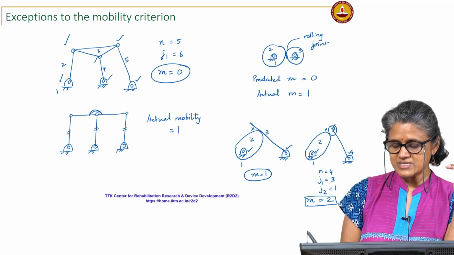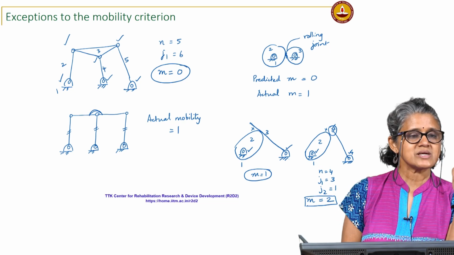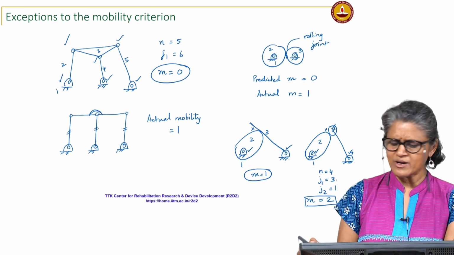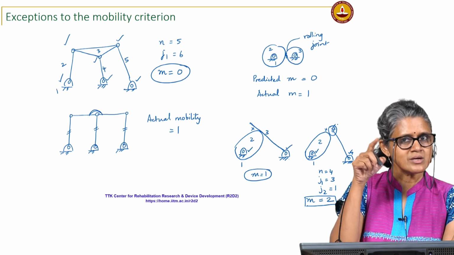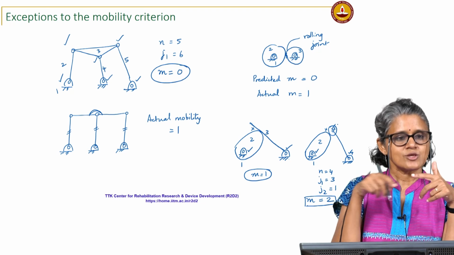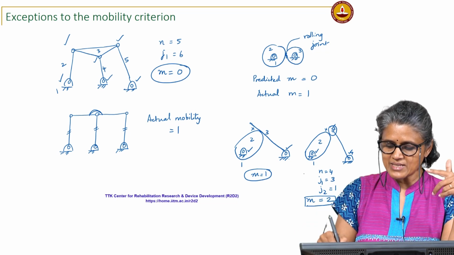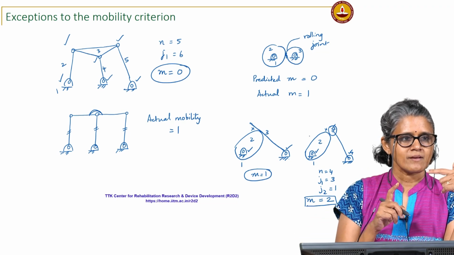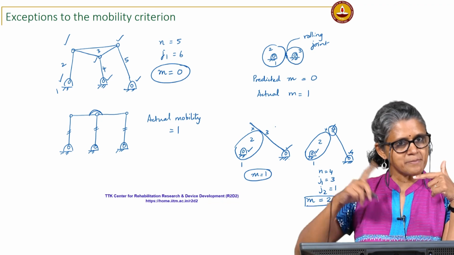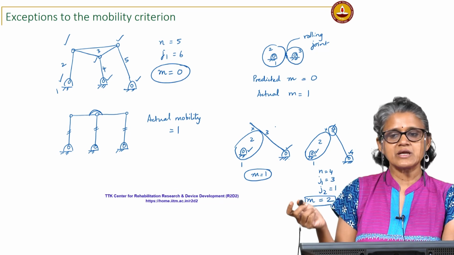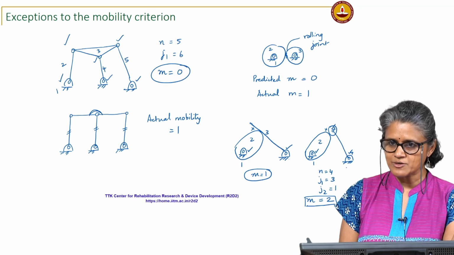Here this mobility equal to 2 tells me that I have to give 2 inputs, but it turns out that is not really true. I do not need to give an input to the roller, right, because it does not matter. So, the actual mobility of this mechanism is still 1. With one input to the cam, I get a predictable output of the follower. The additional degree of freedom does not really matter to me.